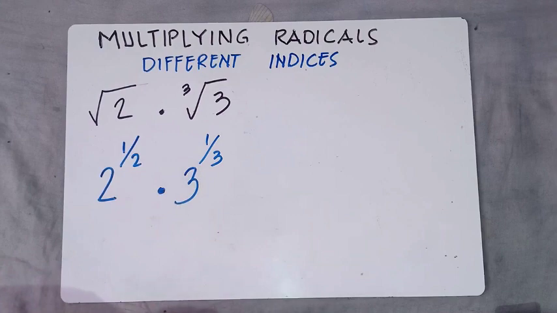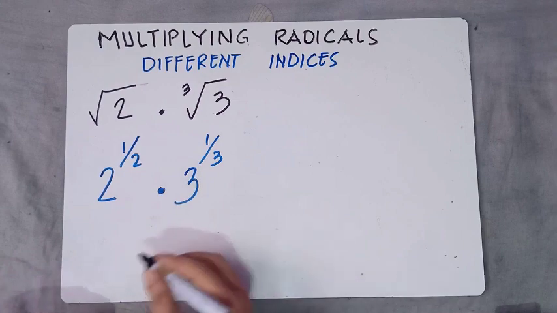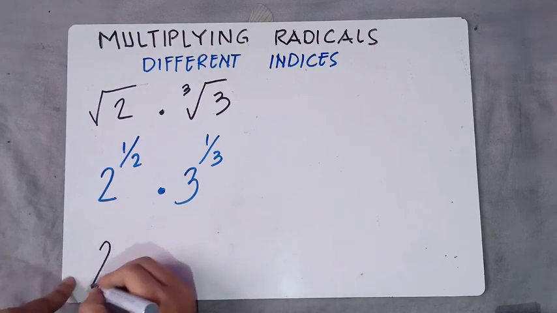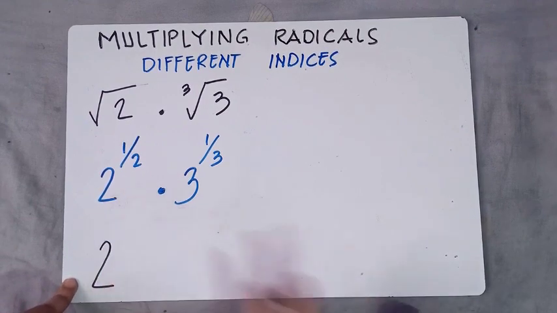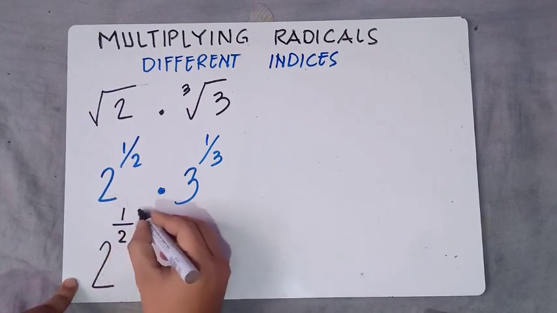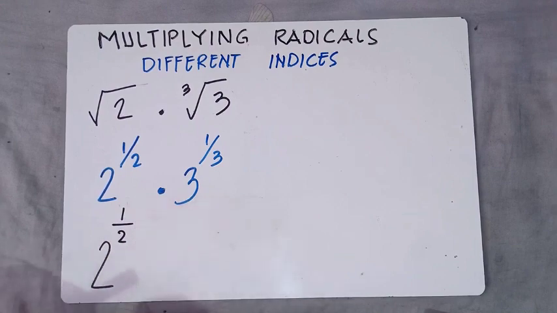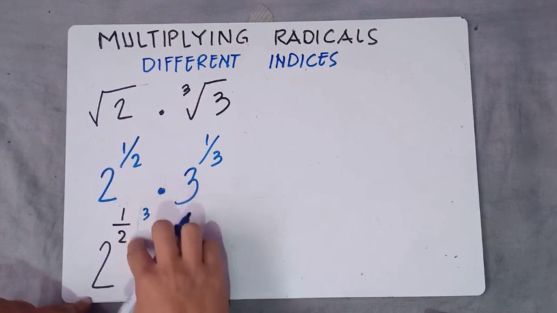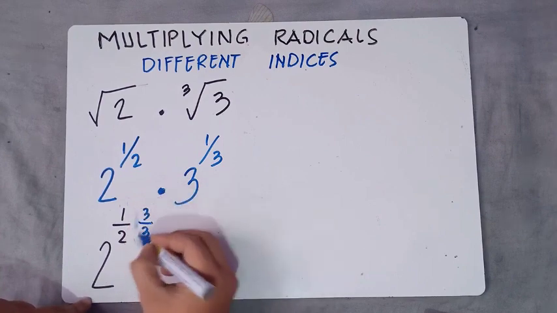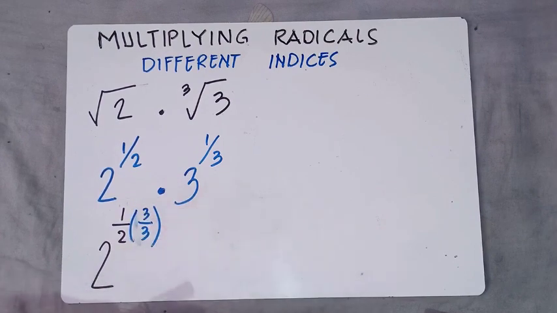So, instead of 2 raised to the power of 1/2, this will be 2 raised to the power of 1/2, you multiply it by 3 over 3.